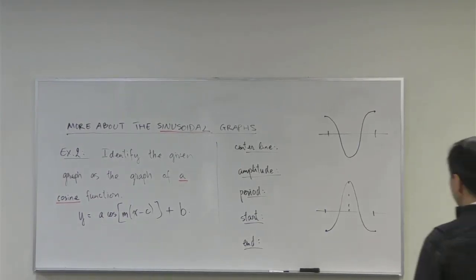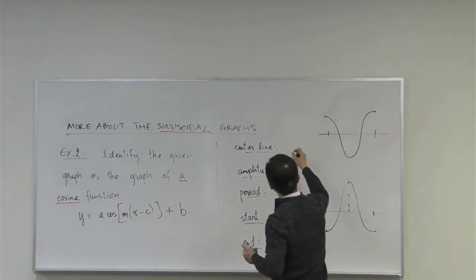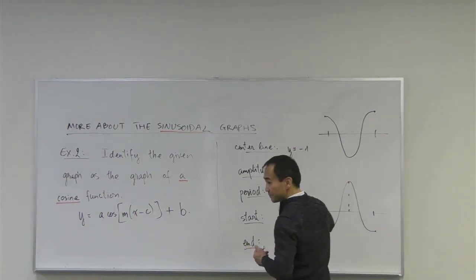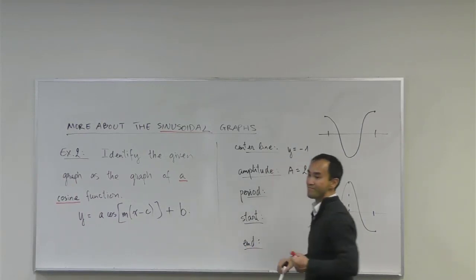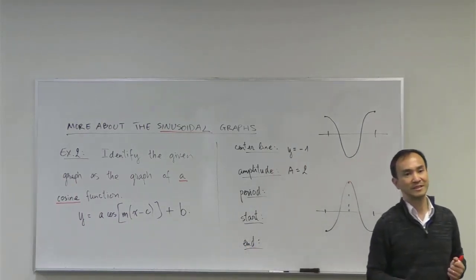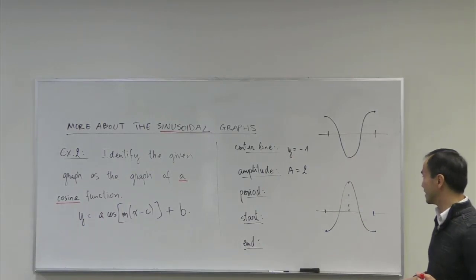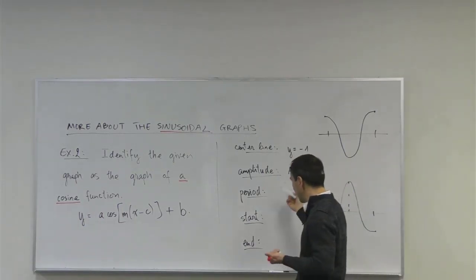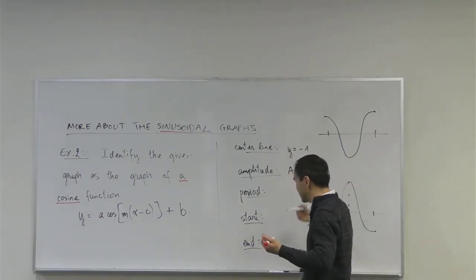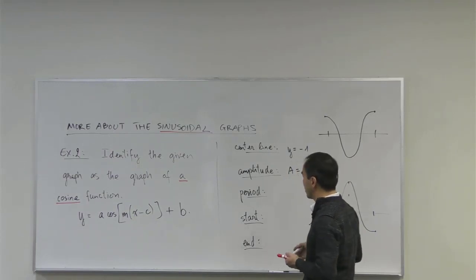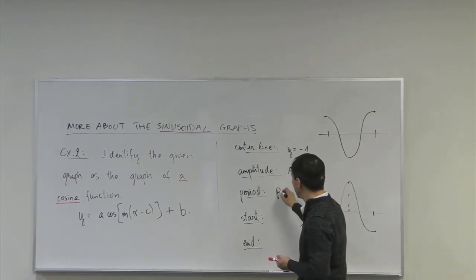So what I see is the center line is at y equals -1. The amplitude goes as high as 2. And the period is the same as earlier, because we're still in the same sinusoidal graph. So the period here is p equals pi.